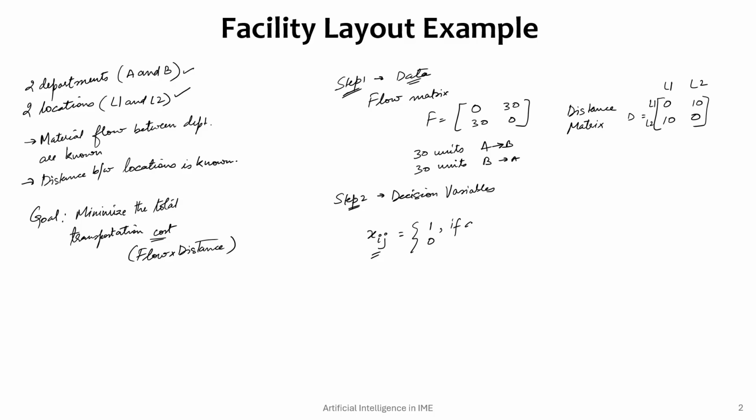If department i gets assigned to location j, and 0 otherwise, right? Okay, so here i belongs to A comma B because i denotes departments, and j belongs to L1 comma L2 because these are the locations.